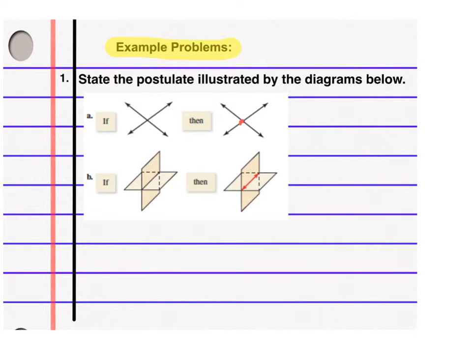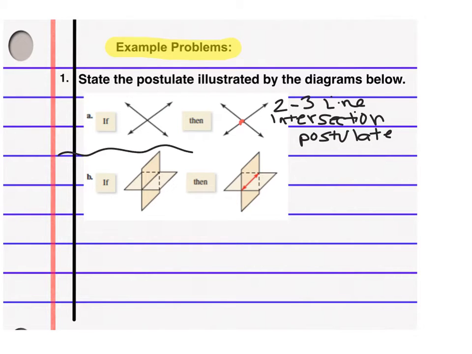Line intersection postulate. Okay. Part B, if two planes intersect, then they intersect and form one line. So plane intersection postulate.